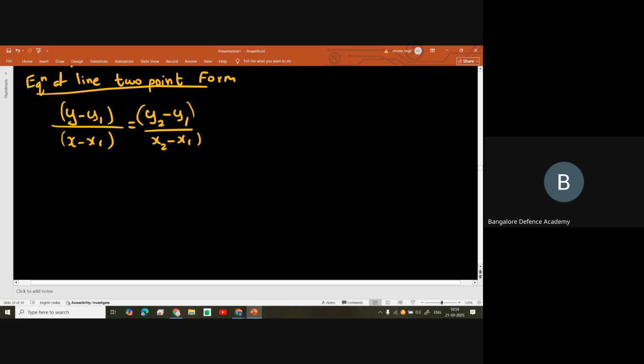This is the formula for the 2-point form.